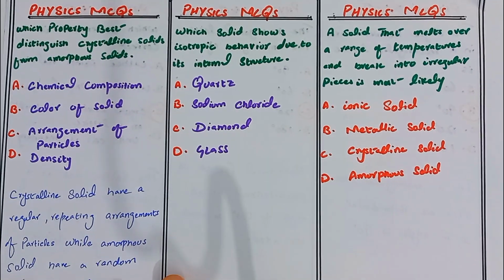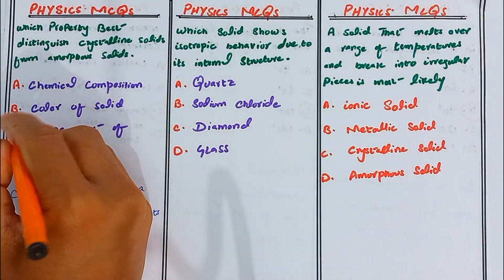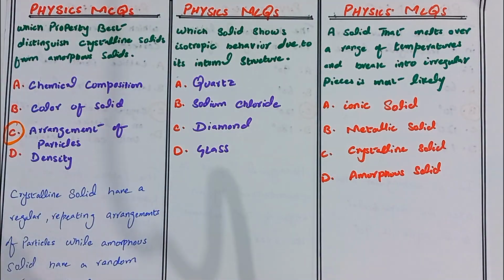So the correct option is option C, the arrangement of particles, which shows whether it is a crystalline solid or an amorphous solid.